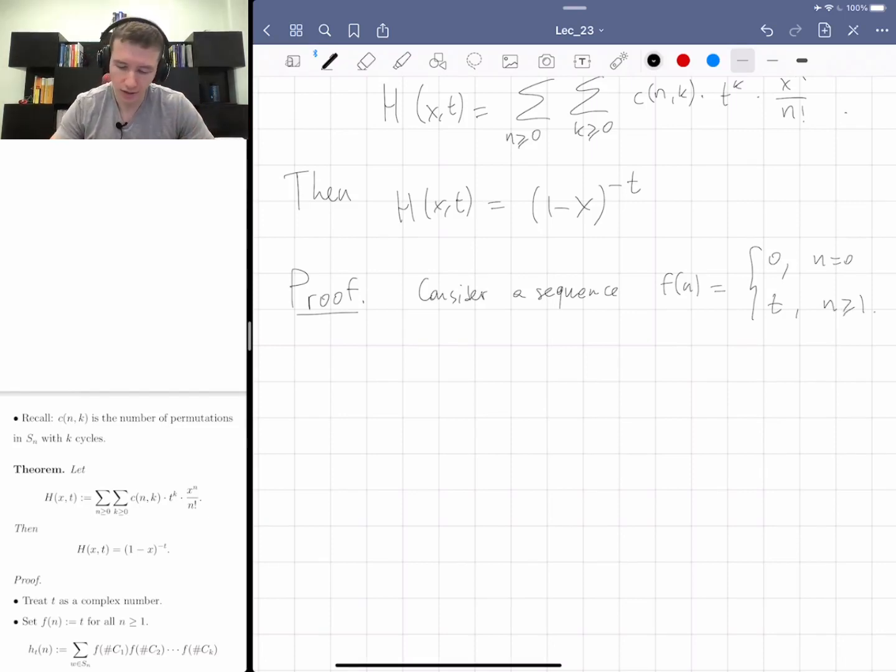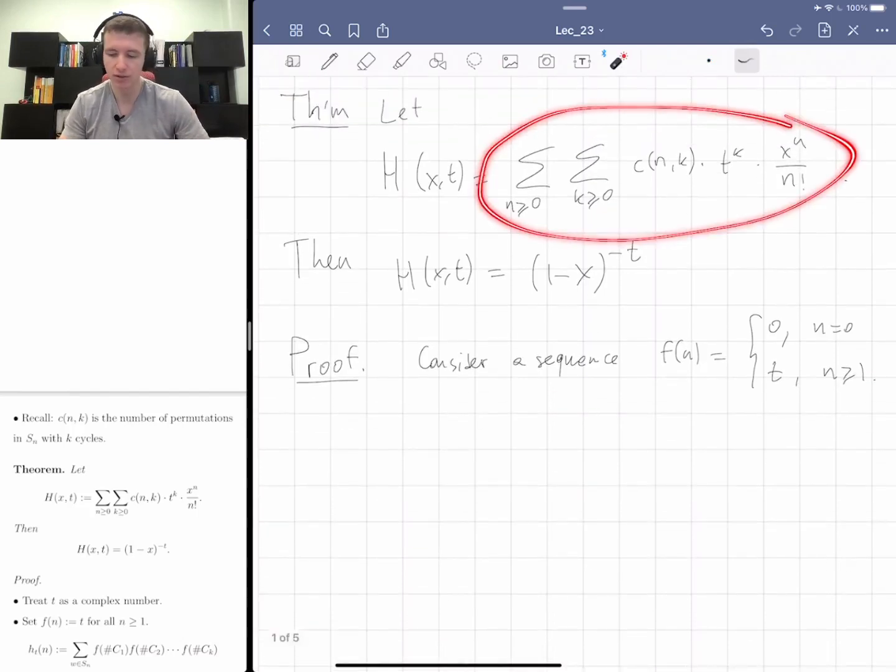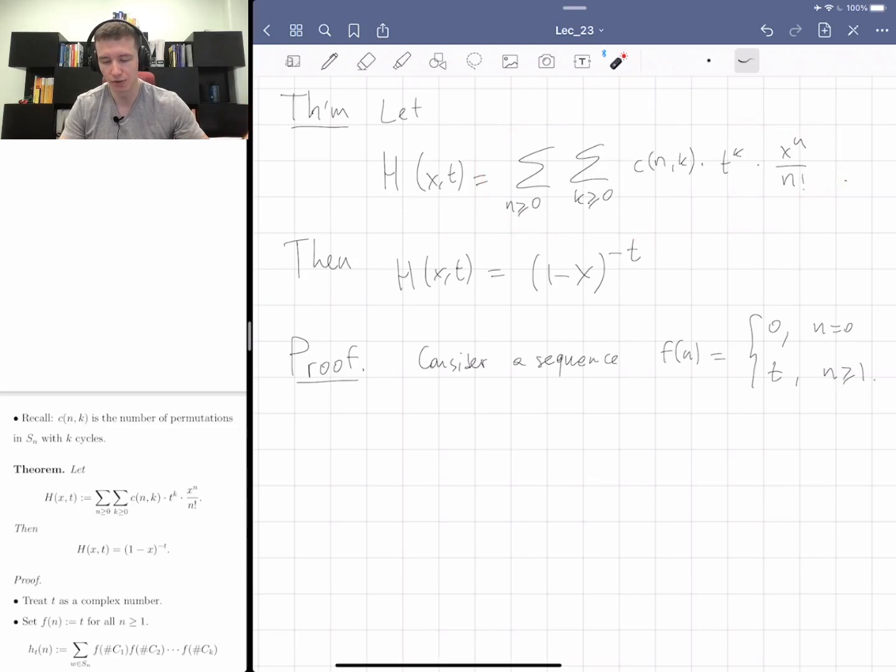Again, the non-rigorous part here is that above, t is treated as a variable. In the formal power series, it has no value. But here I'm substituting it as a complex number.